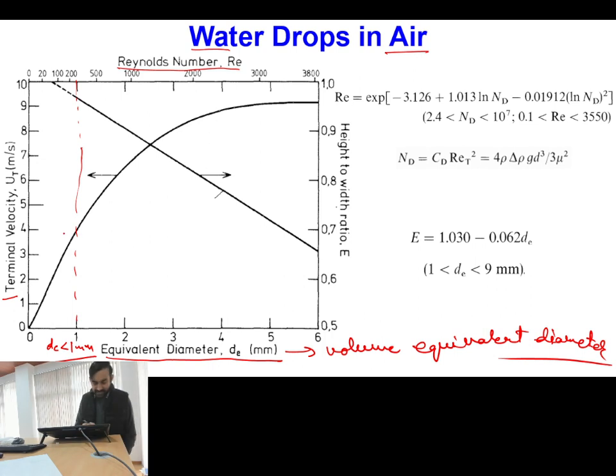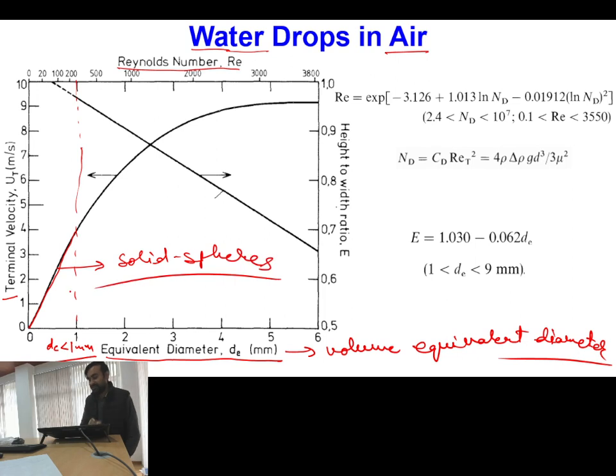Okay, so this particular portion of the curve can be easily fitted by using the data of spherical fluid particles. And because this result is for a water drop in air, this data can even be closely fitted with the outcome of solid spheres.